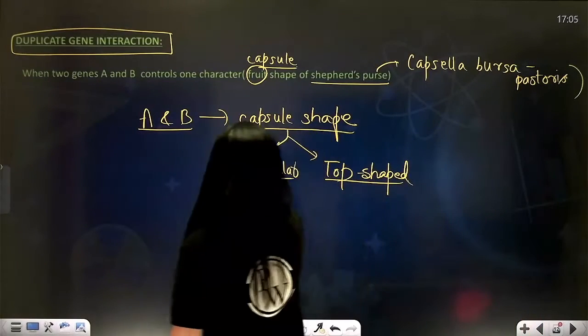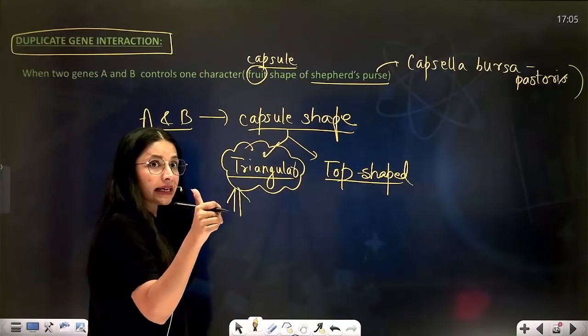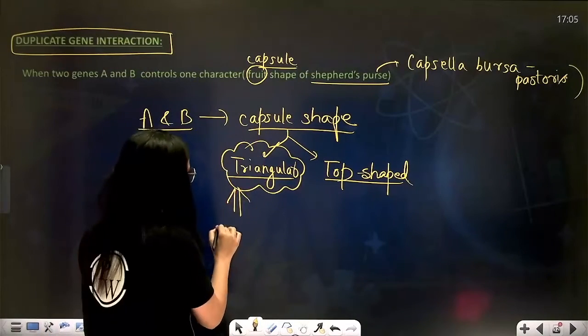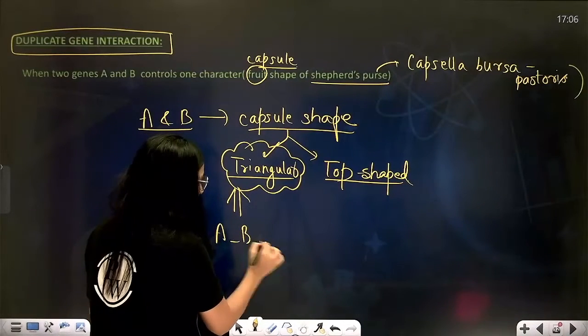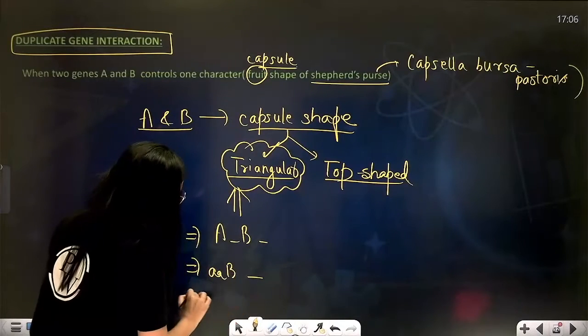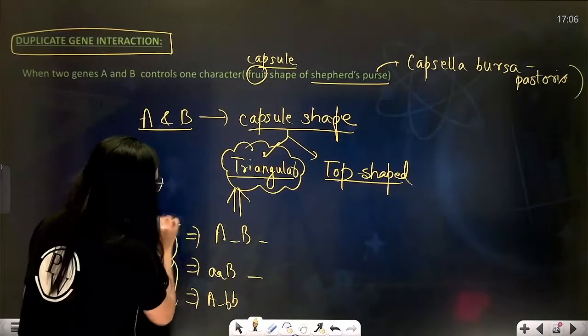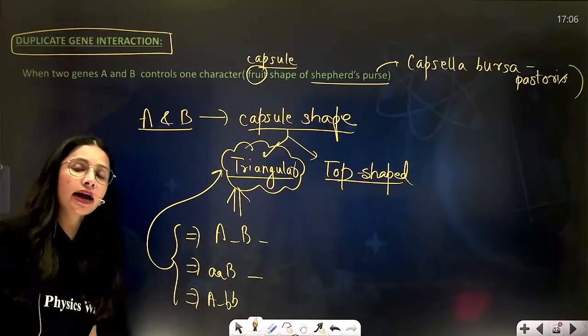So that means to bring triangular shape in the capsule of shepherd's purse, this genotype or this genotype or this genotype, all three are going to bring triangular shape.